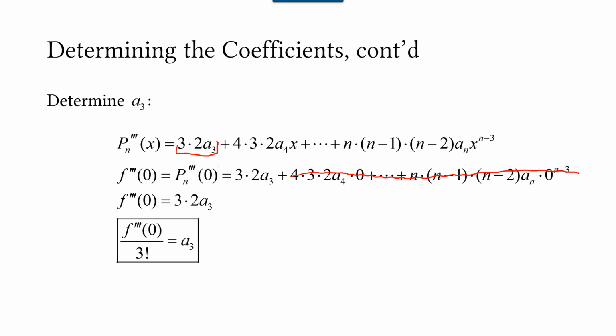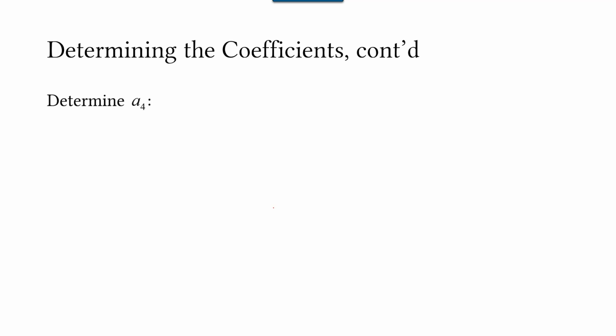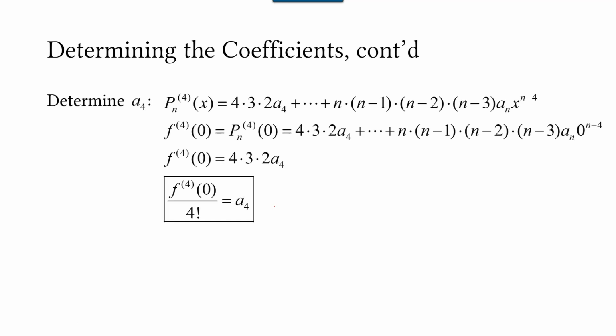That is my 3 times 2 times a3 here. That is what has to equal f triple prime of 0. So to solve for a3, I divide both sides by 3 times 2. And now we're going to start using our factorial notation, since 3 times 2 is the same as 3 times 2 times 1, which is 3 factorial, and that's really the pattern we're after.